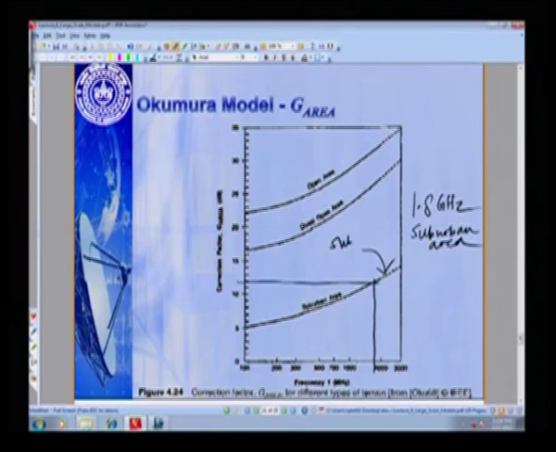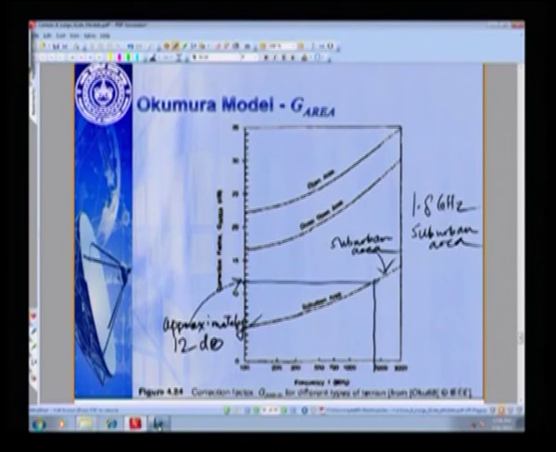which is around here, and this again is the plot for the suburban area, and you can see this is approximately 12 dB.